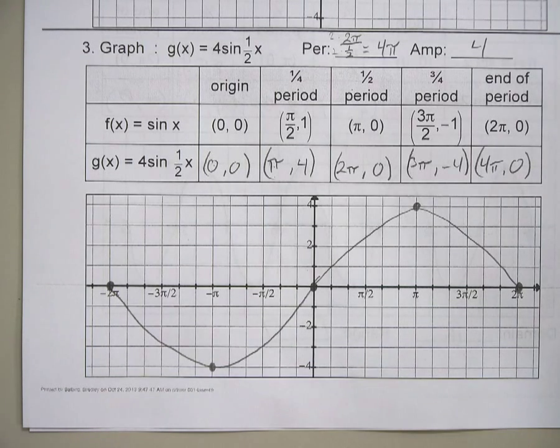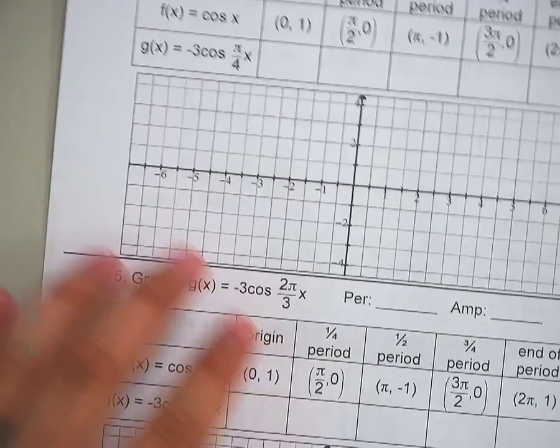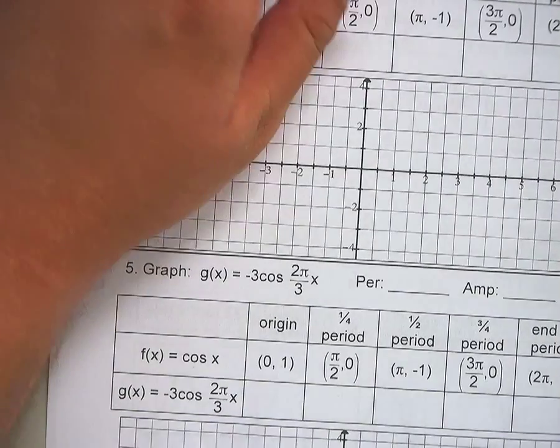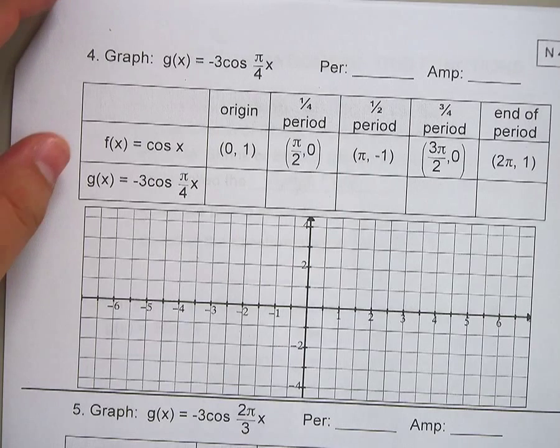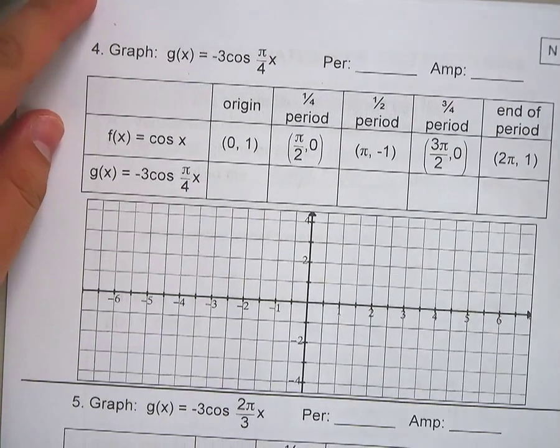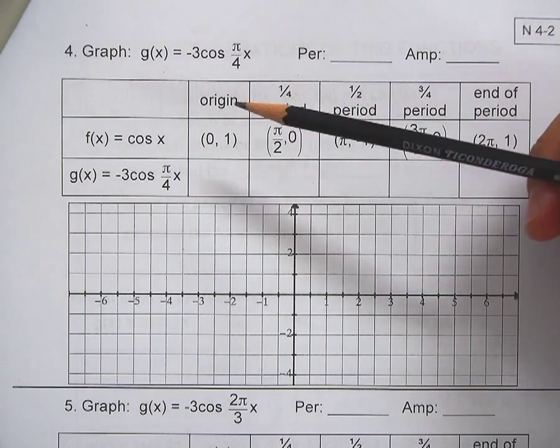All right. So let's go on to something a little bit more interesting here. We've got 2 more, and then we're going to be finished up. Let's say that for kicks and giggles, I give you cosine pi over 4x. Now, pi over 4 is your b.